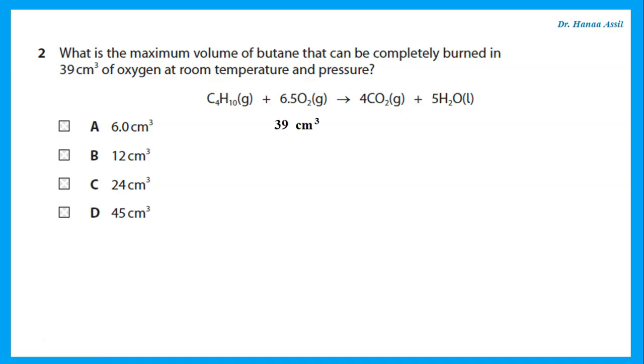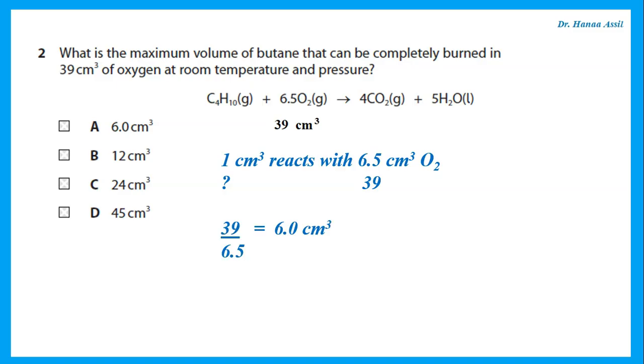So remember that this applies only to gases. I can say from that equation that 1 centimeter cubed reacts with 6.5 centimeter cubed of oxygen. So how much would react with 39? That comes out to 6 centimeter cubed of butane.